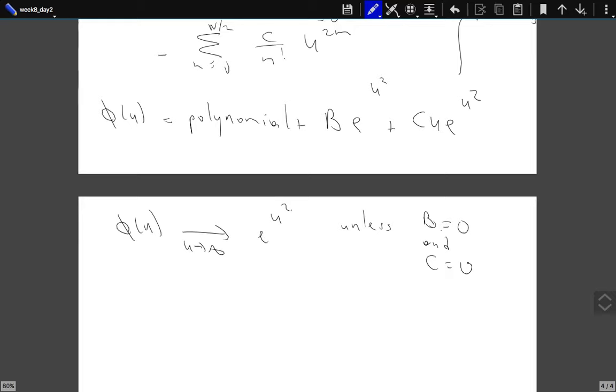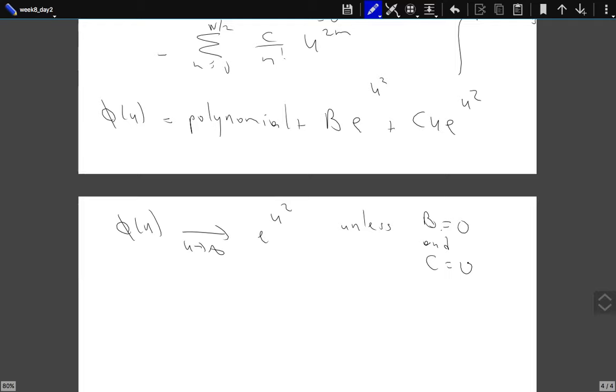Unless both of them are equal to 0, my phi diverges faster than e to the power u squared over 2. You see, the polynomial part also diverges, but the exponential always diverges faster. So the polynomial will be negligible compared to the exponential.